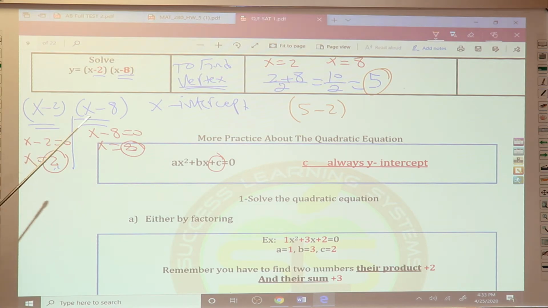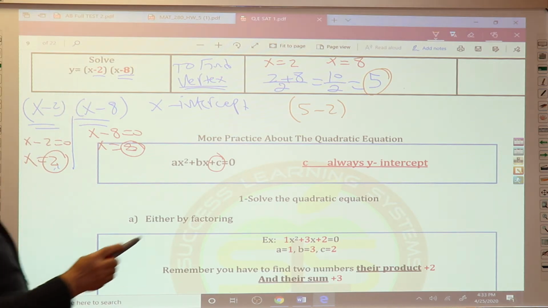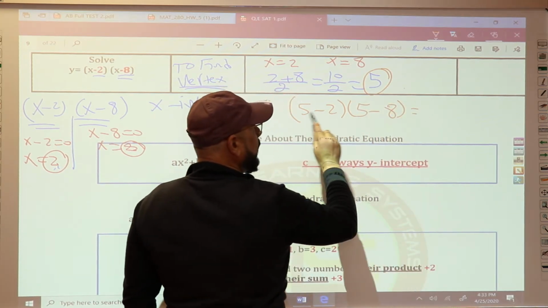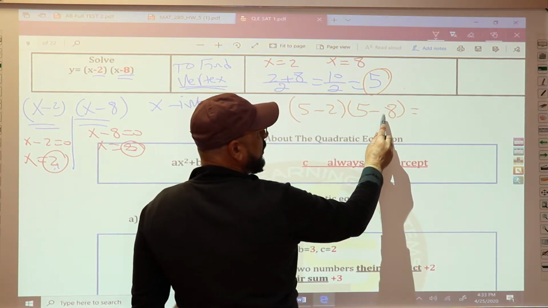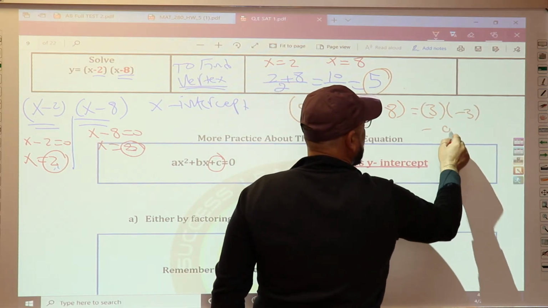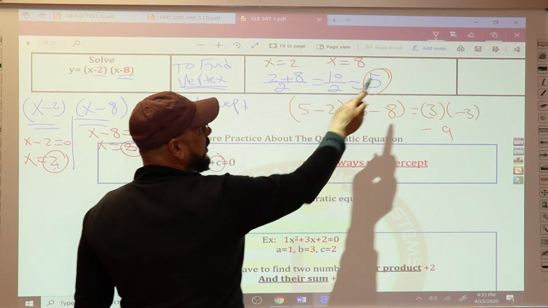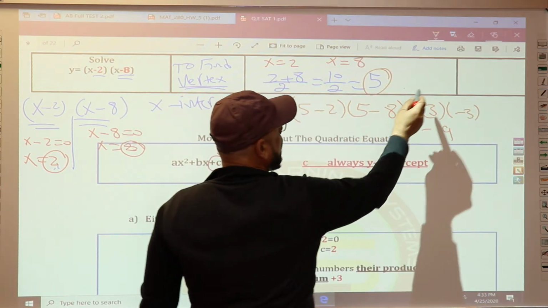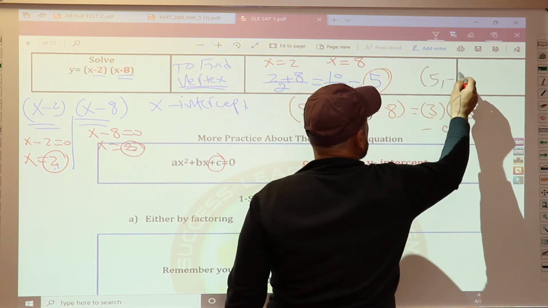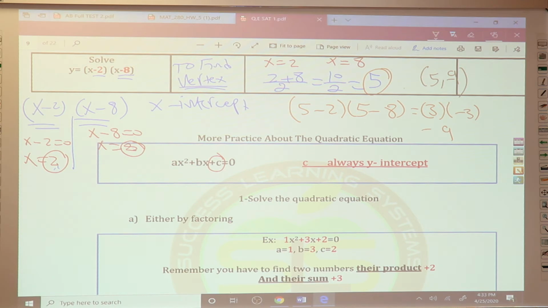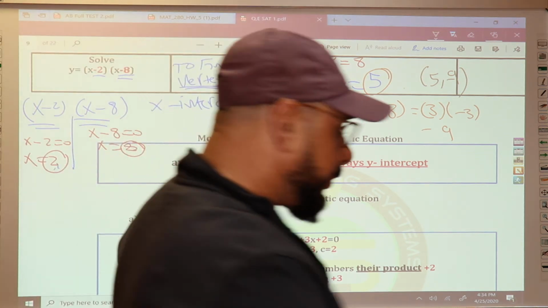We plug the 5 for the x, and 5 minus 8 is negative 3. Negative 3 times 3 is negative 9. Good. Then my vertex is 5 and negative 9. Good? Good.